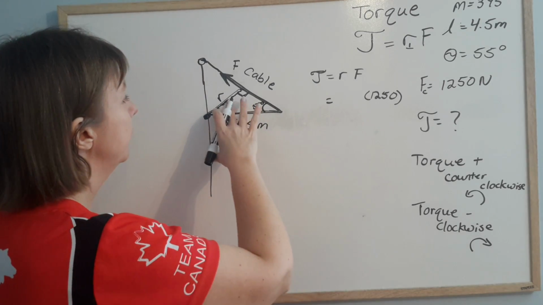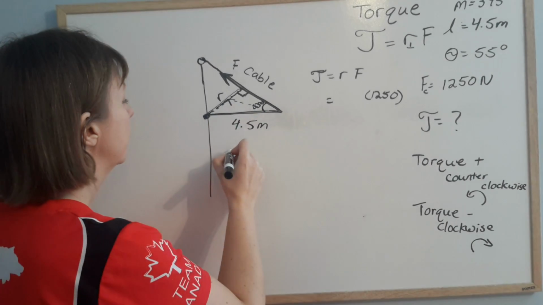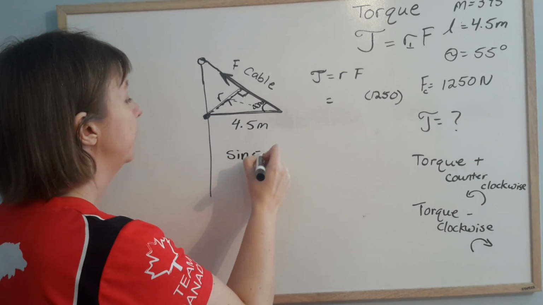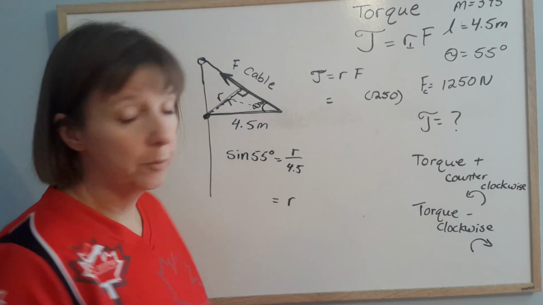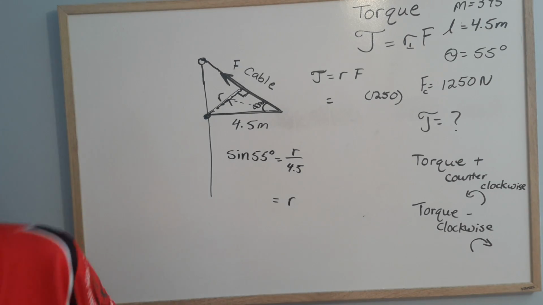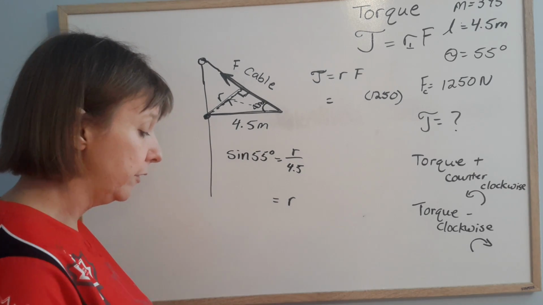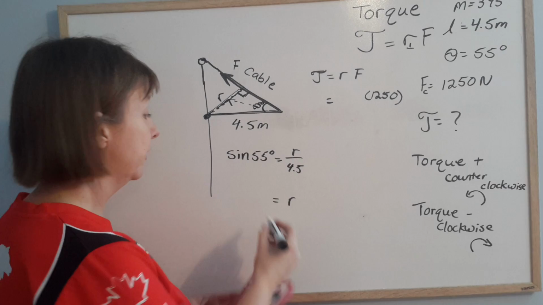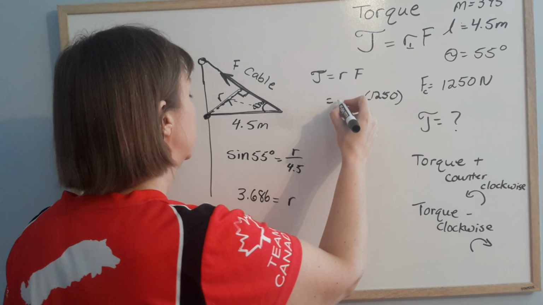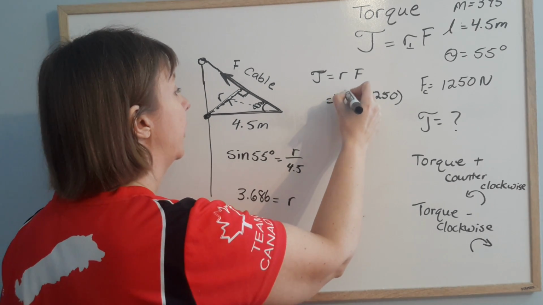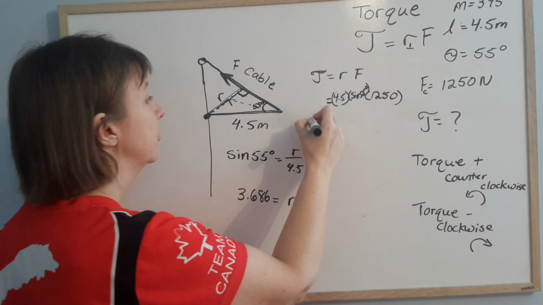So if I want to figure out what R is, that would be my opposite side, and I know my hypotenuse side, so sine of 55 is R over 4.5. So my R would be 4.5 times sine of 55. That is 3.686, and it keeps on going, but whatever. So you can either just do 4.5 times sine of 55, or you can put in the value that you actually get.